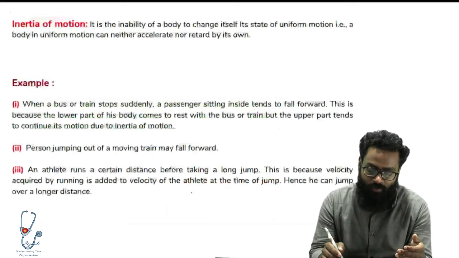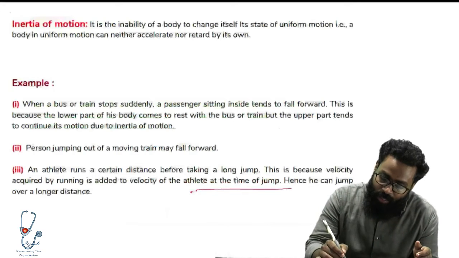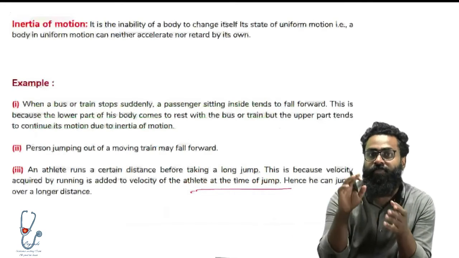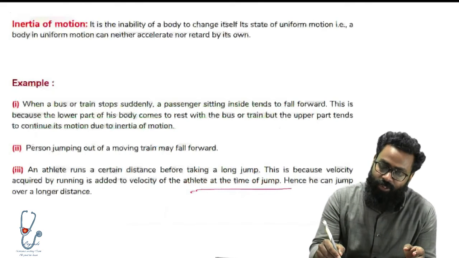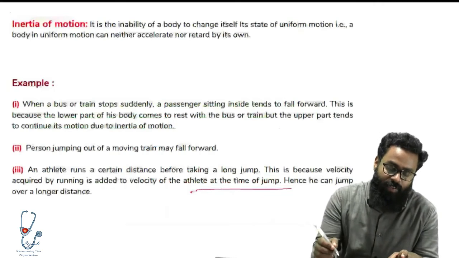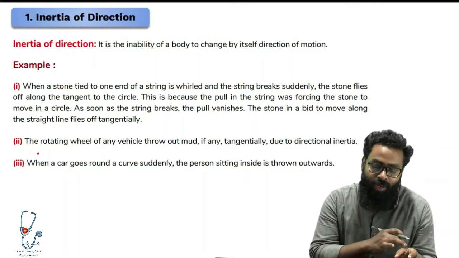This is because the velocity acquired by running is added to the velocity of the athlete at the time of jumping. He acquires the velocity to jump, hence he can jump over a long distance. These are the examples of inertia of motion. Clear? We are moving on.